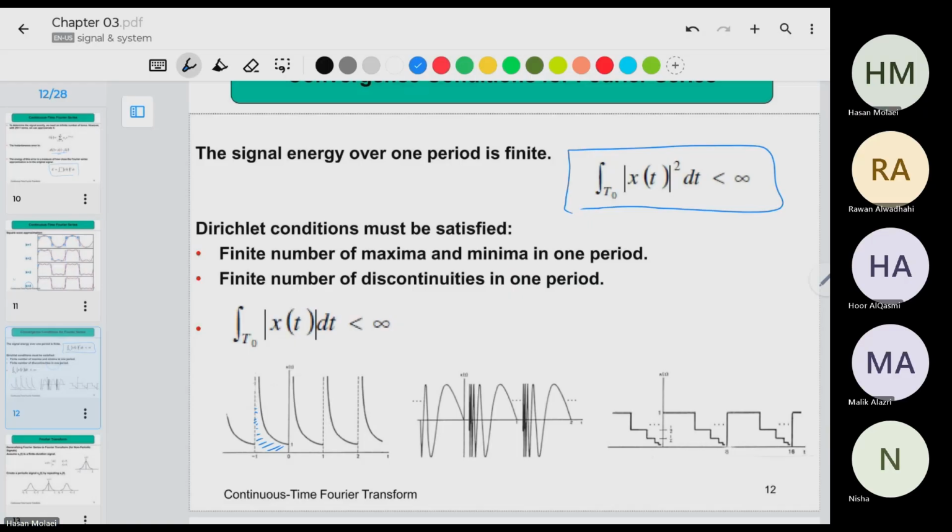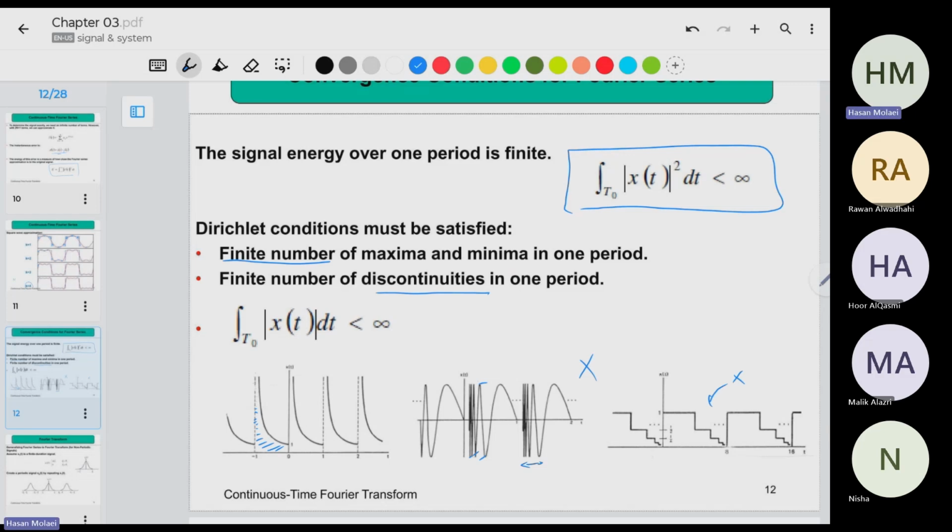On the other hand, we should have a finite number of maxima and minima. It should be finite; the number of maxima and minima should be limited. Here we have unlimited values, so we cannot write it for this one. And the discontinuities should again be limited. We have unlimited discontinuities here.